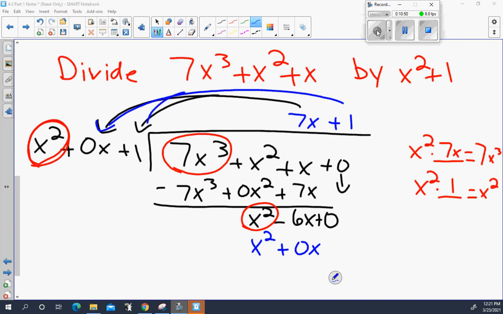And 1 times 1 is 1. Subtract these out. x squared minus x squared, those cancel out. That's good. Just like up here, those cancel out. Negative 6x minus 0x is negative 6x. And 0 minus 1 is minus 1. Can I drop anything else down? No. So that is my remainder.